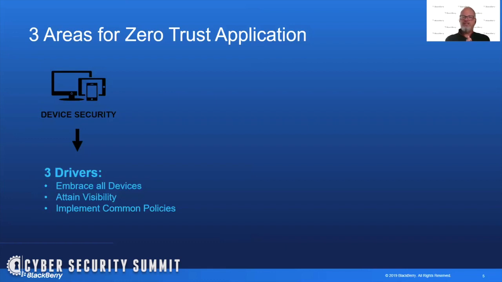I need to have a mechanism that allows me to translate my security program policies into actual device, people, data, cloud policies within each of these environments. I need to have a platform that allows me to implement common policies, regardless of what the device is, regardless of what the operating system is, regardless of where the network is, right?